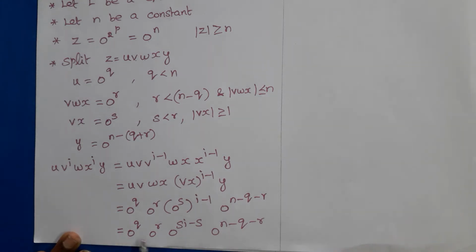Now we can simplify, since all are 0 to the power something, so we can combine everything.